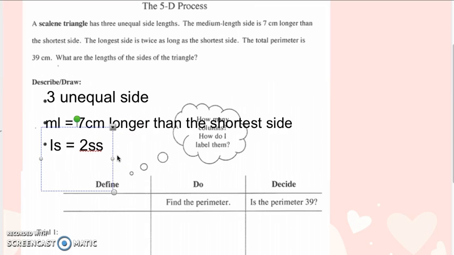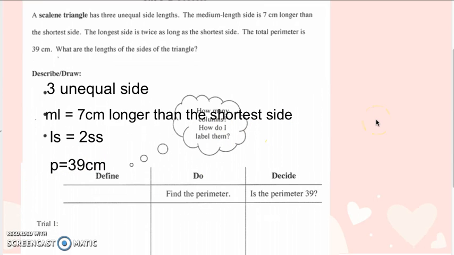And then I'm going to add another column and say that the perimeter is equal to 39 centimeters. So when I add my medium length side, my long side, and my short side together, I should equal 39 centimeters. Now I can also draw a picture of the triangle. So they have to have 3 unequal side lengths.